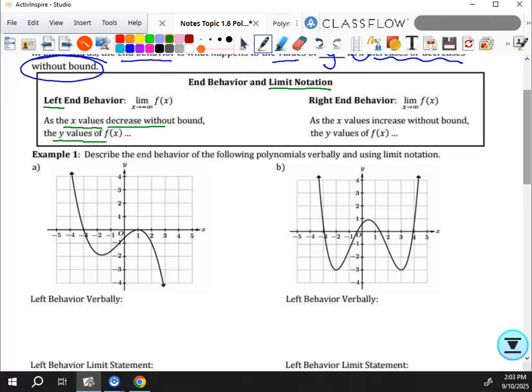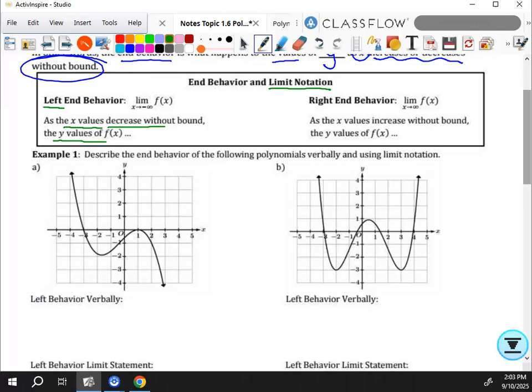That means the limit as x approaches negative infinity of the function, which is f of x, and then we'd have an answer to that. So when you're asked to write limit statements, you're asked to write it in the notation. We are going to write some words today on the paper, but when you're asked for a limit statement from here on out, you are being asked for something that looks like that.